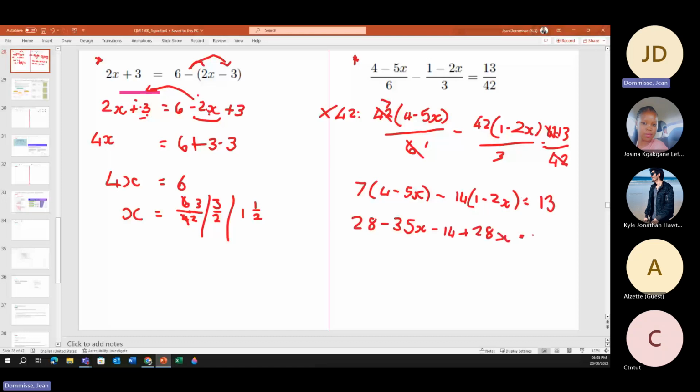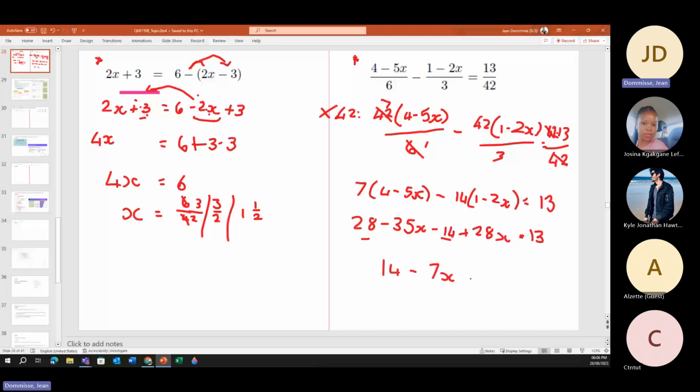And then equal to 13. So let's first simplify. There's a 28, there's a minus 14. 28 minus 14 is 14. On this side, minus 35 plus 28 minus 7x.